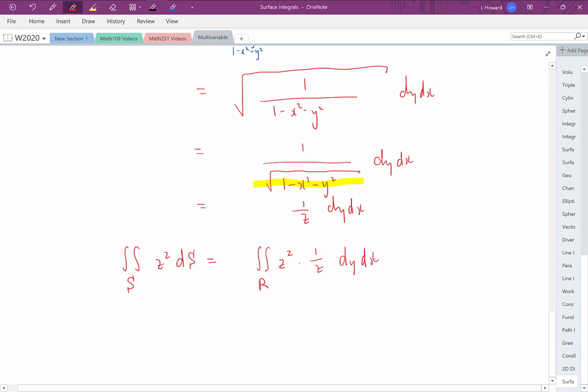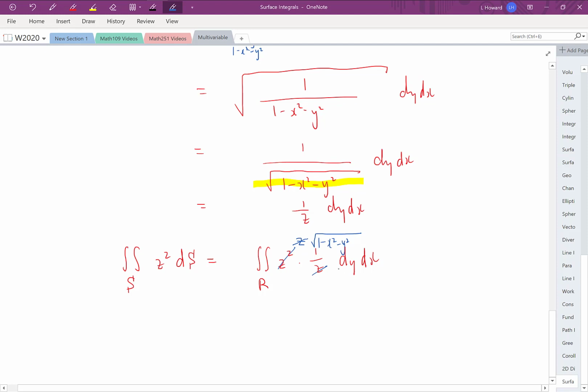Let's look at this integrand for a second. There's a factor of z that can cancel out from the top and the bottom, so we could just call that z. But even better, we could re-express that z in the language of x and y so that we can actually do our integration. That z is the square root of 1 minus x squared minus y squared. And that way now we've got a double integral that we can evaluate.